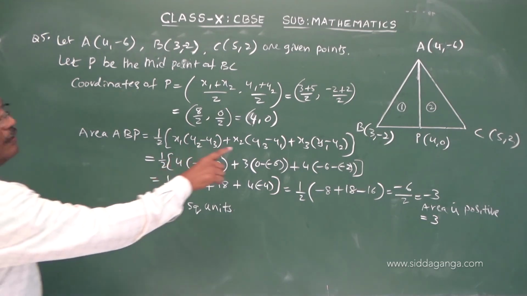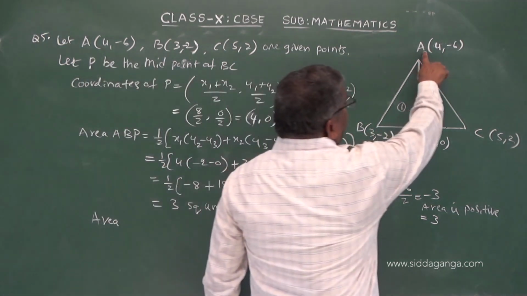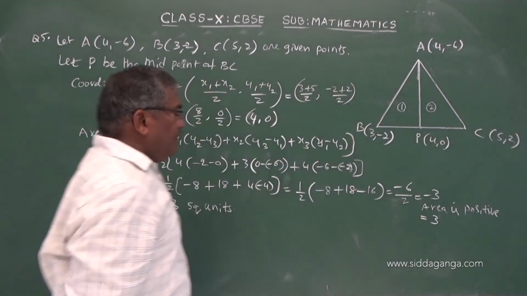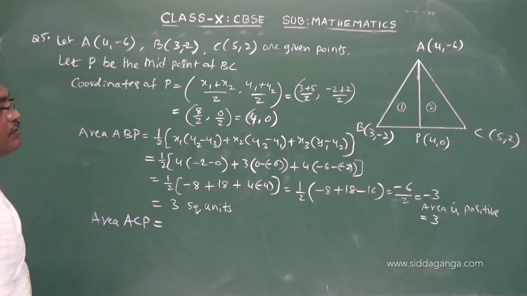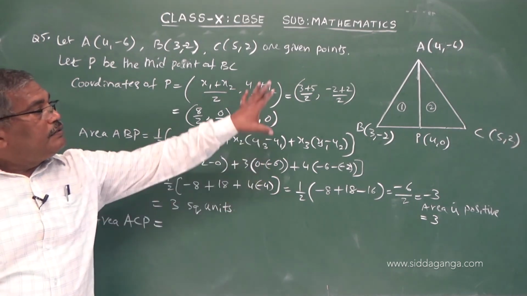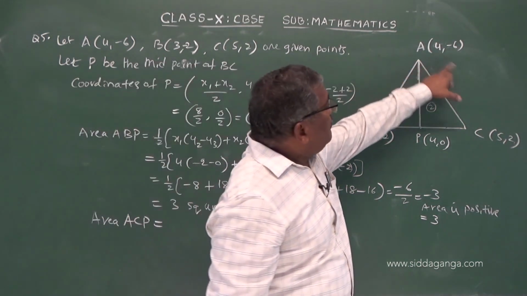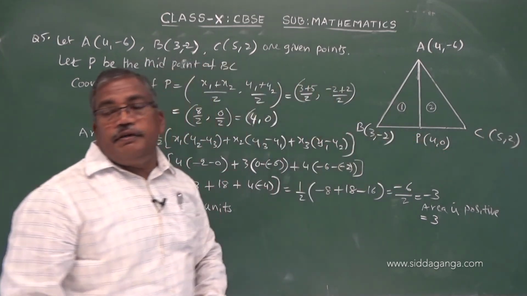Now the other triangle, area ACP, with x1 y1, x2 y2, x3 y3.